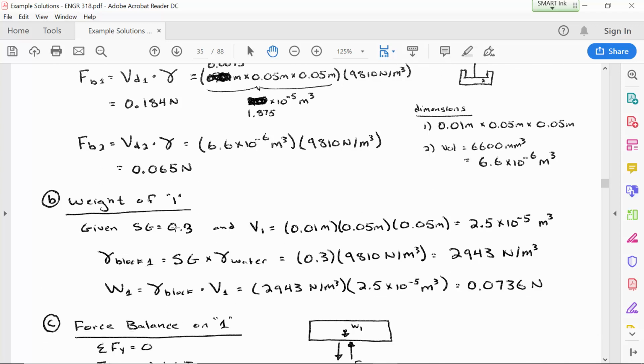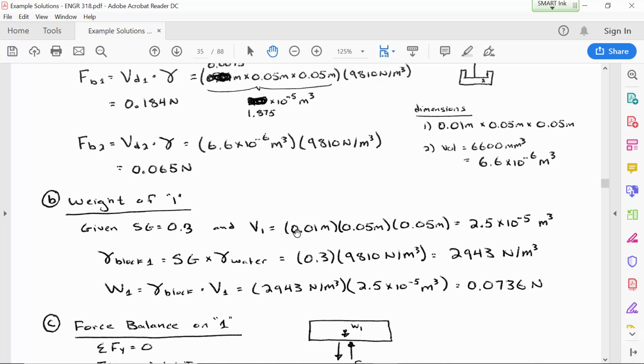Now the weight of object 1, we can't say that the weight of object 1 is just equal to the buoyant force. That only works if nothing else is pulling it down. Because remember, the buoyant force that object 1 is experiencing doesn't depend only on its own weight. It's also depending on the weight of that metal piece that's beneath it. So the weight of object 1, instead, we're going to calculate with the specific gravity.